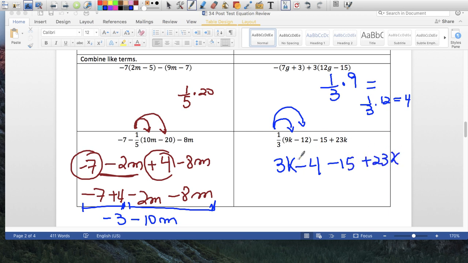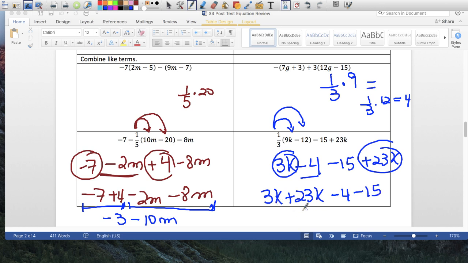Let's rearrange some of this stuff. So 3k plus 23k, minus 4 minus 15. This is going to give us 26k. 3 plus 23 is 26, and then minus 4 minus 15 is just -19.